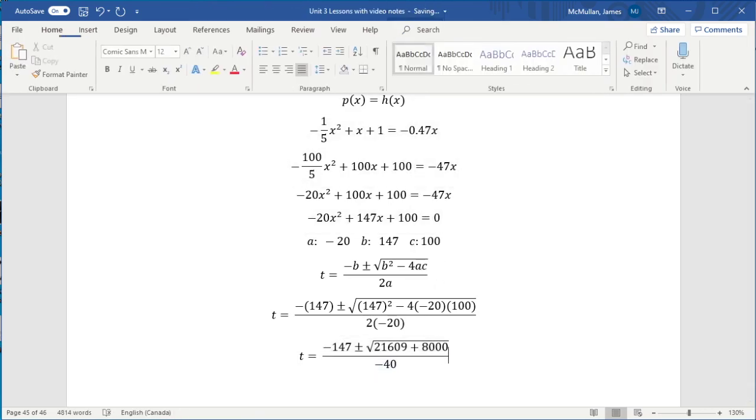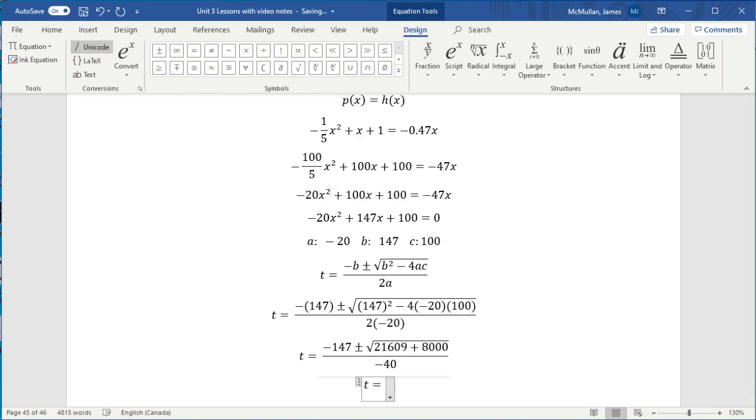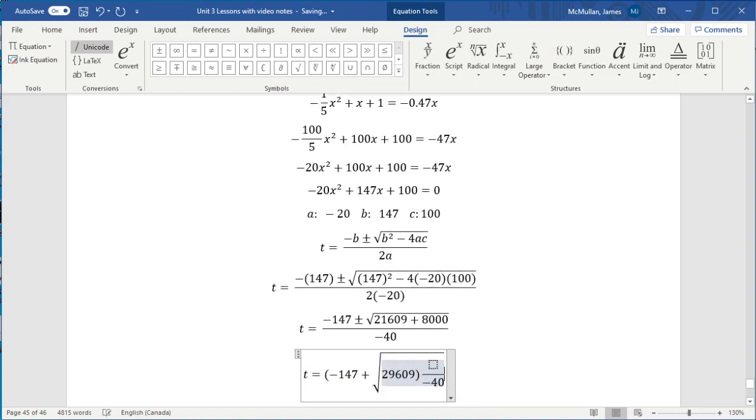Okay, so we're going to get two answers. So -147 plus square root 29609 divided by -40. Oops. Sorry, typed that wrong.